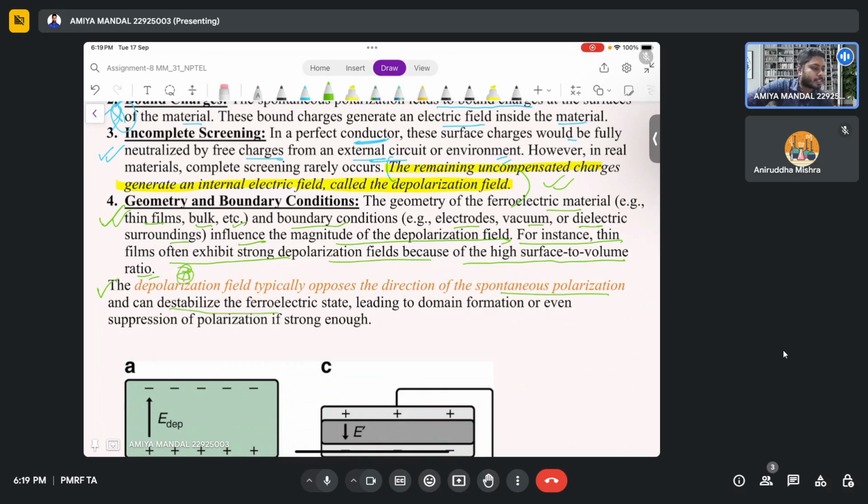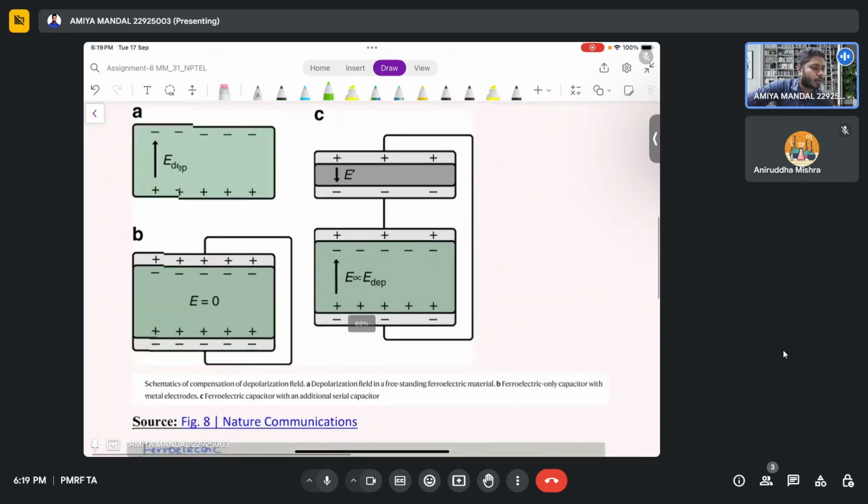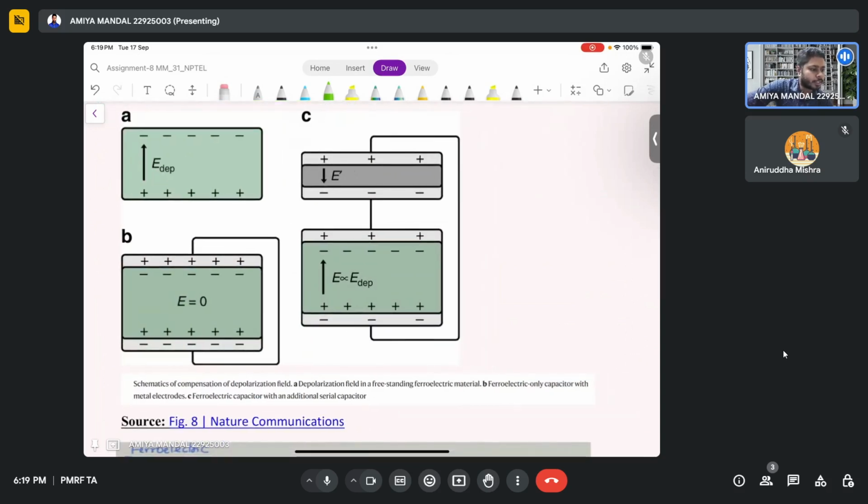It can destabilize the ferroelectric state, leading to domain formation or even separation of the polarization if it's strong. So first, let's try to understand this concept given in this figure. This is collected from a research article from a very important journal, Nature Communications.